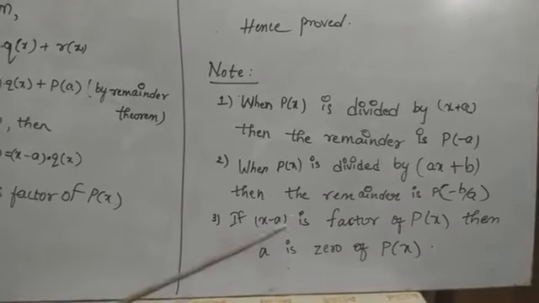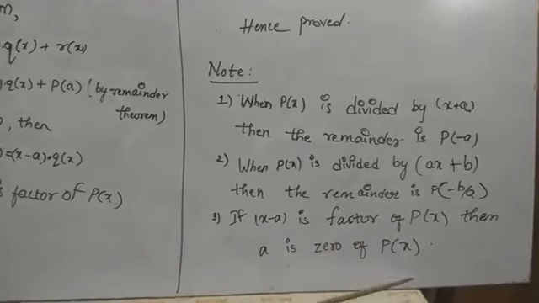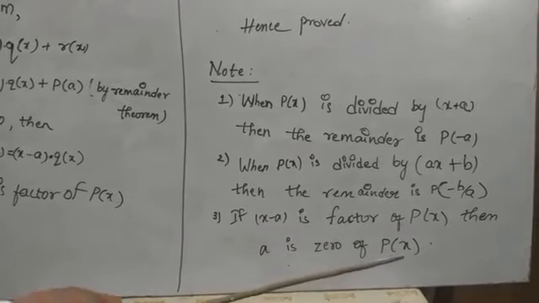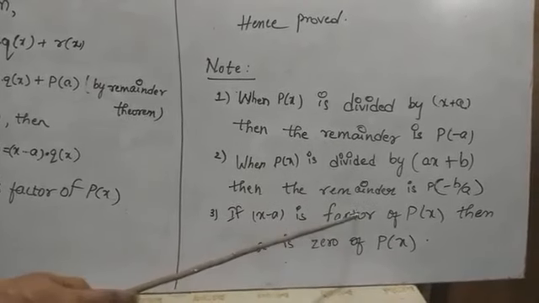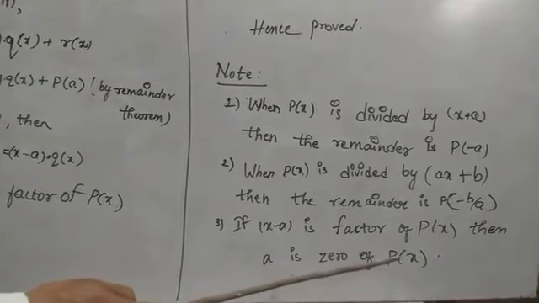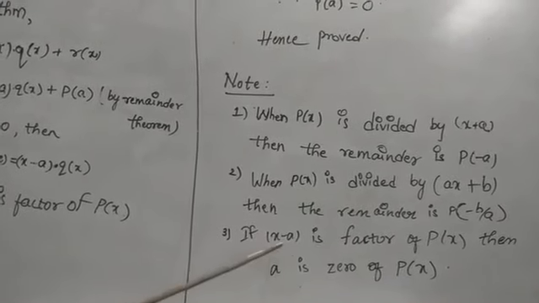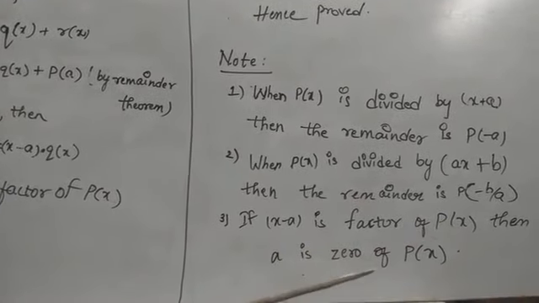If x minus a is a factor of p of x, then a is a zero of p of x. I repeat, if x minus a is a factor of p of x, then a is a zero of p of x. For example, if x minus 2 is a factor of p of x, then 2 is a zero of p of x.